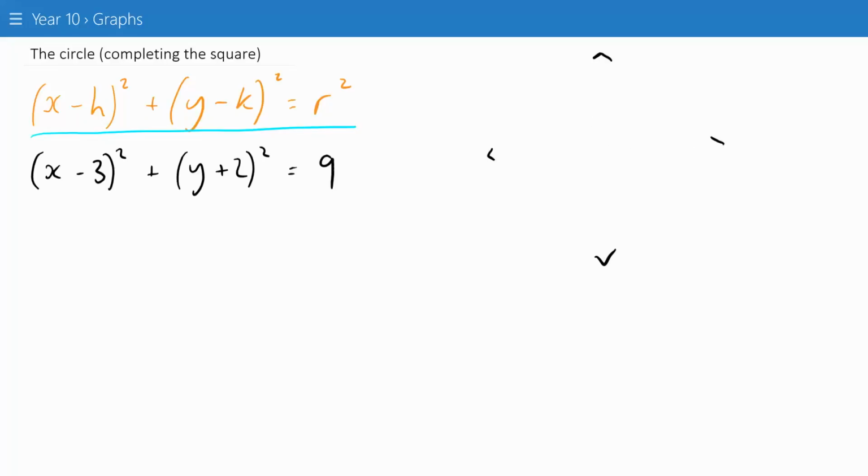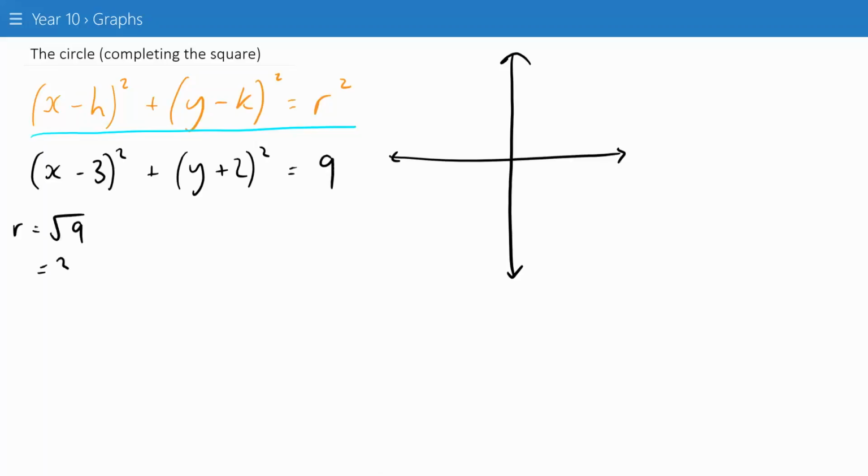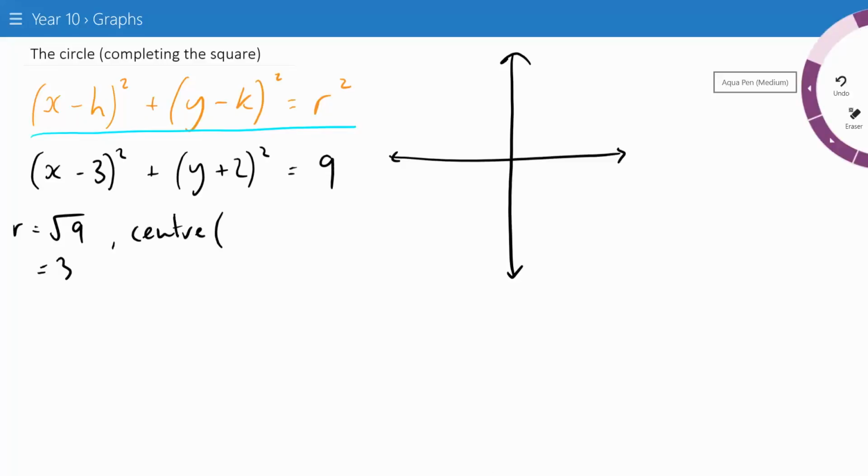So we know here that this circle, let me just redraw this, is going to have a radius of square root of 9, which equals 3, because 3 squared equals 9, so the radius is 3. Its center, remember we have to think about what minus 3 gives us 0. 3 minus 3 gives us 0.